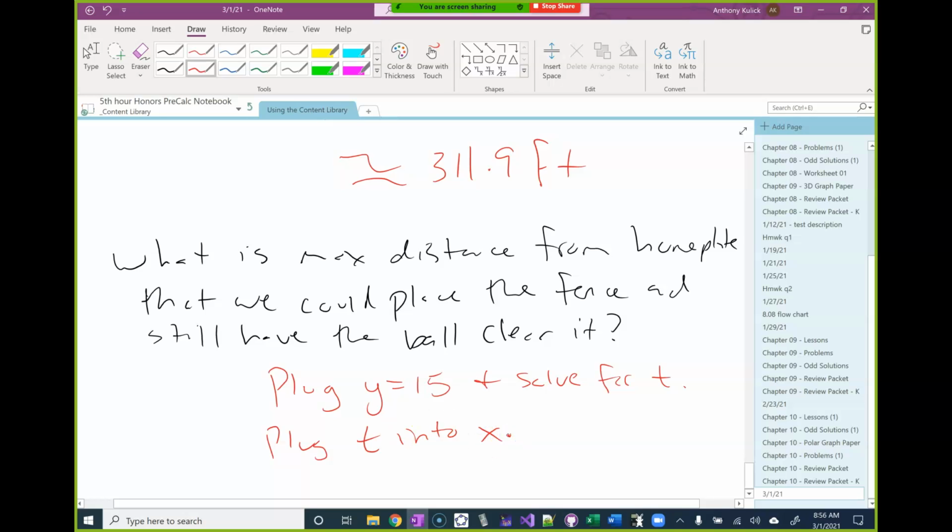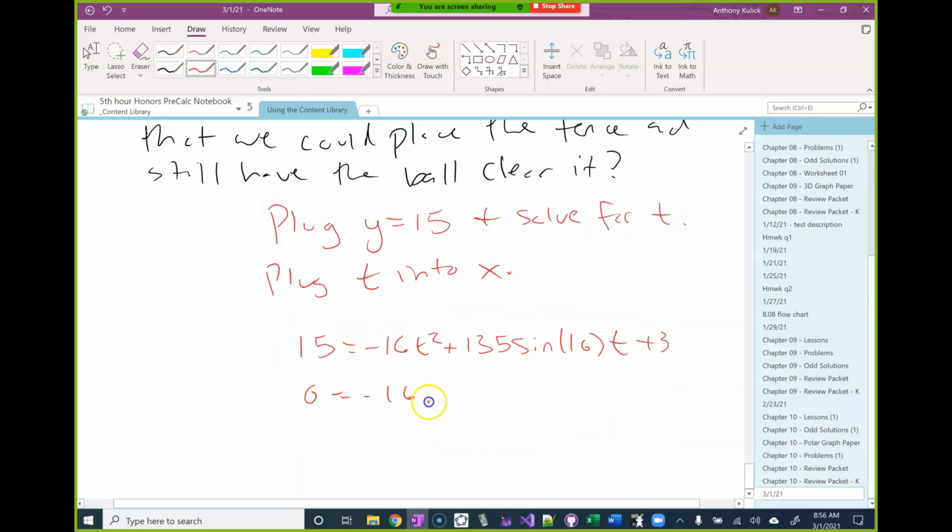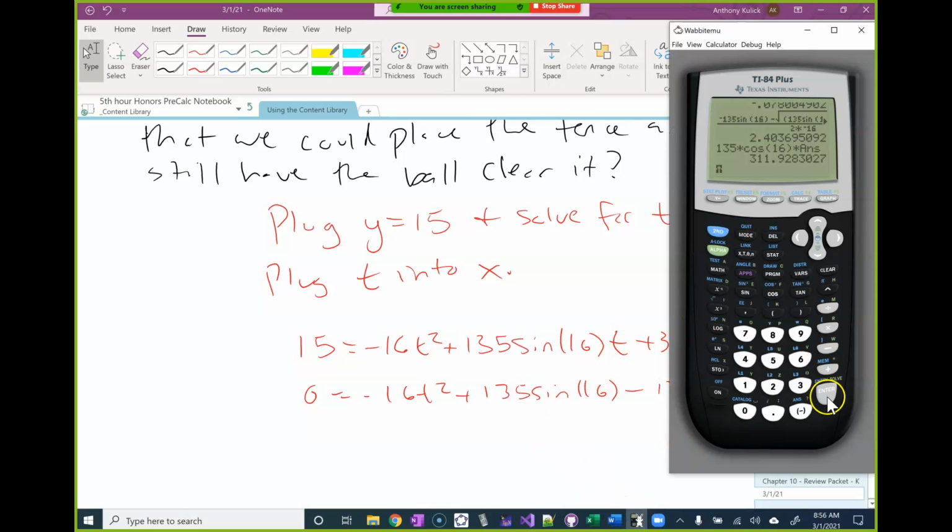15 equals negative 16t squared plus 135 sine 16 t plus 3 becomes 0 equals negative 16t squared plus 135 sine 16 t minus 12. My calculator. I'm going to borrow the work from my previous problem because all I'm changing is instead of the 3, I need to change those 3's to negative 12's, which is a pretty good deal because that's easy to do.